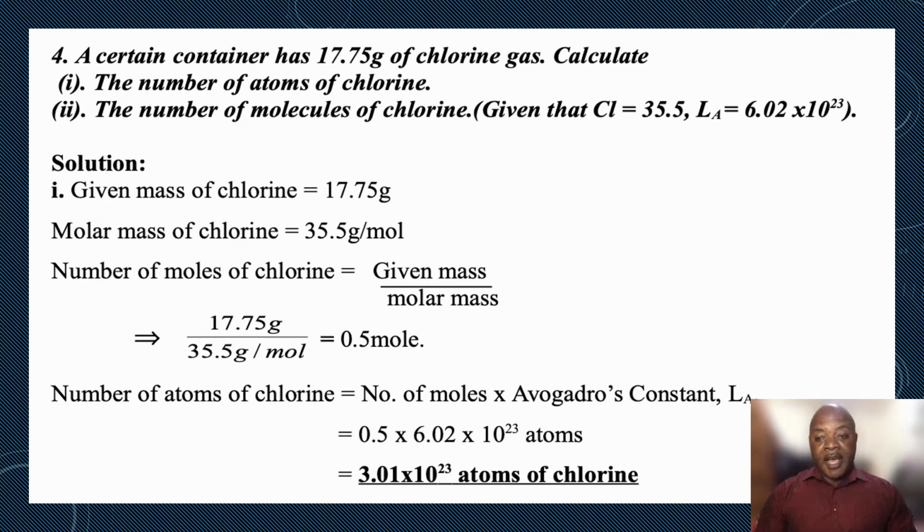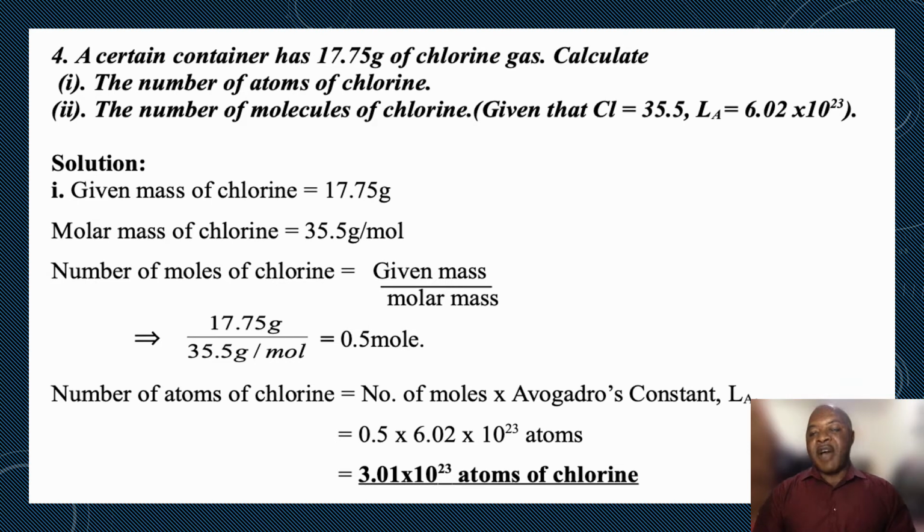Could be atoms, molecules, ions, electrons. So in this case, we are looking for atoms present in 17.75 gram of chlorine. Since chlorine is diatomic, we are not going to multiply 35.5 times 2 because we have been asked for the number of atoms. We use only 35.5. So 17.75 divided by 35.5 gives 0.5.